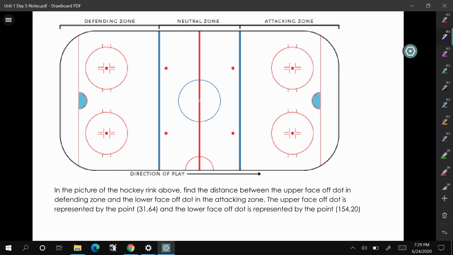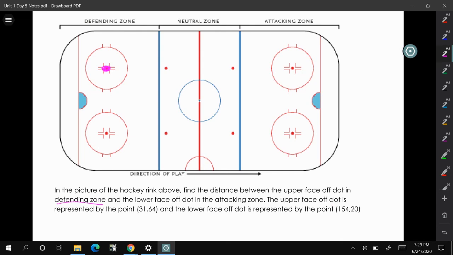the answer you got. So the upper face-off dot is represented by the point 31, 64. Upper face-off dot in the defending zone. So this point right here. That's 31, 64.